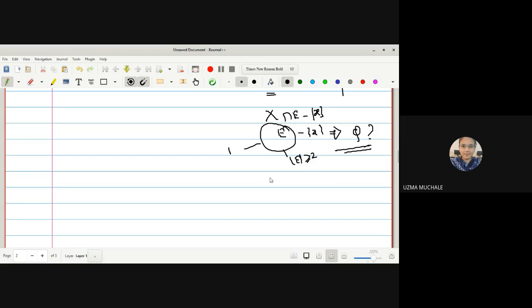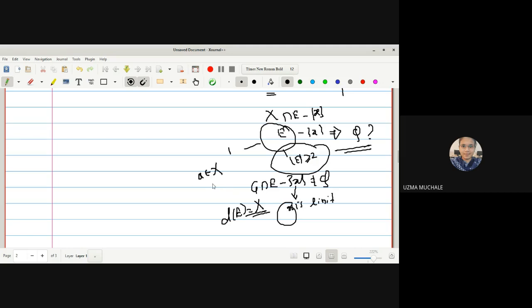For any arbitrary element, G intersection (E minus {x}) is a non-empty set on the condition that the cardinality of E is greater than or equal to 2. Then we can say that x is a limit point. But what is x? x is any arbitrary point, so hence we can say the derived set of E is equal to the whole set X, because we have selected small x from capital X as an arbitrary element.